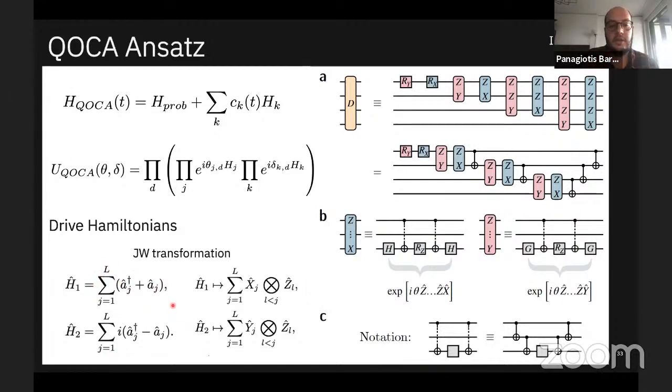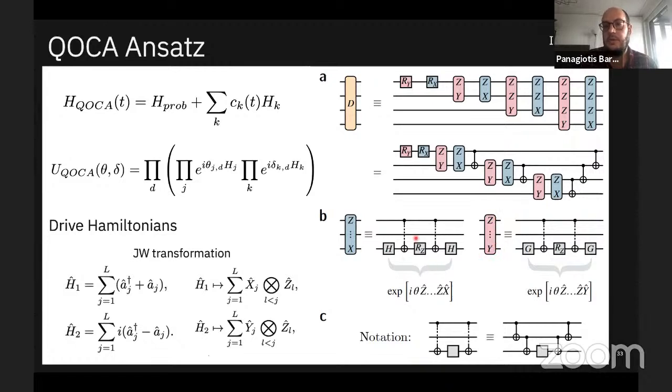We apply the Jordan-Wigner transformation on the drive Hamiltonians, and we end up with strings that have this form. The equivalent form in terms of qubit operations is shown in panel B, where you have the Z up to X, Z to X tensor string, and this is encoded in the formalism that we have here. So this is the general circuit that is used for the QOCA, and this is the definition of the different gates that we are using.